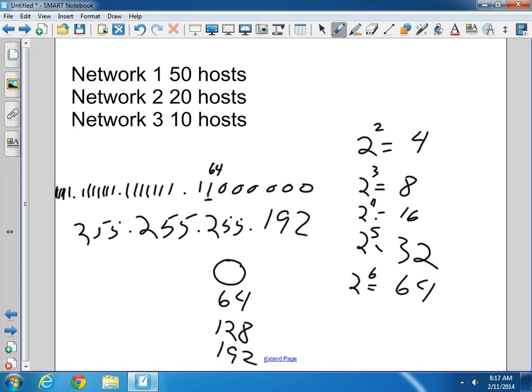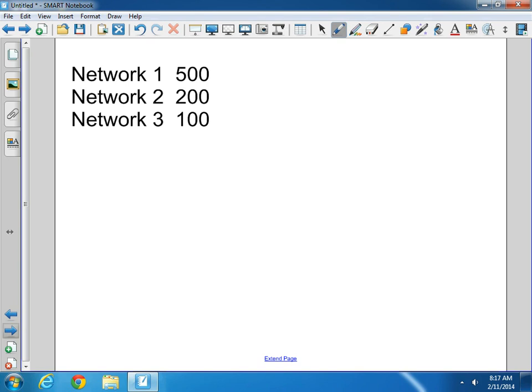If you start at 0, the next one starts at 64 and ends at 63, then 127, 191, and 255. It's just that simple. The problem students run into is when we have a network with a large number of hosts.